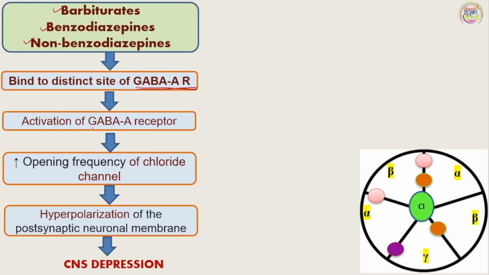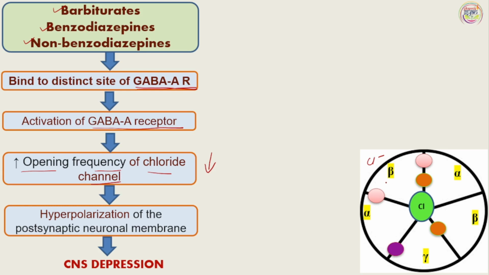While the GABA receptor is activated, the chloride channel opens, so they increase the opening frequency of the chloride channel. Once the chloride channel opens, chloride ions come inside the cell. Why? The concentration of chloride ion is higher in the extracellular space.